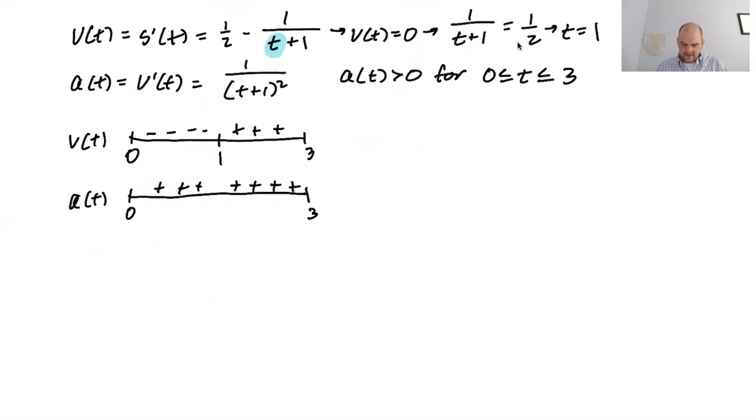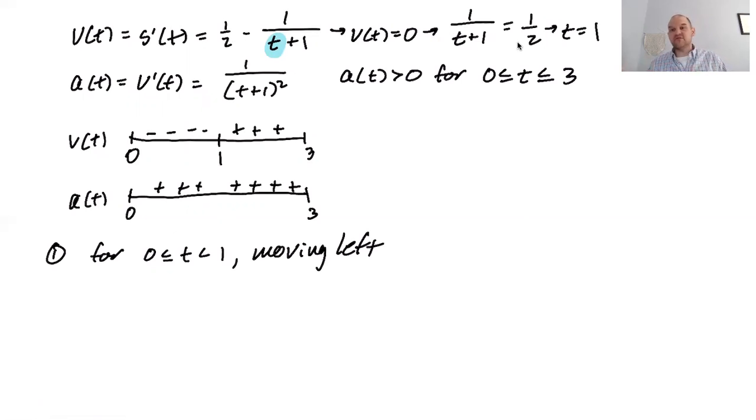So let's say what's happening. This will be number 1. For 0 less than or equal to t less than 1, we are moving left. I know we're moving left because the velocity is negative, but I like to save that until the end. And speed is decreasing.